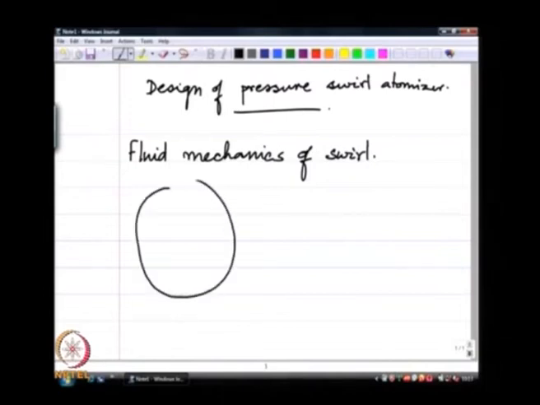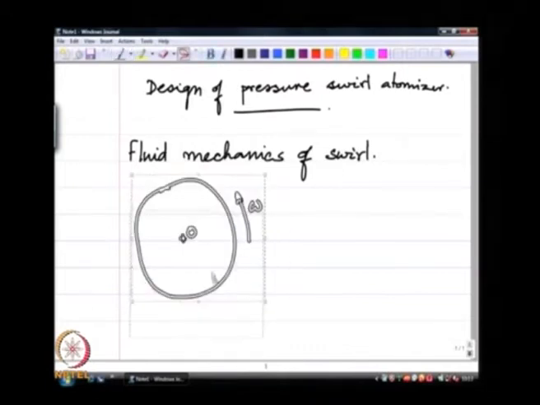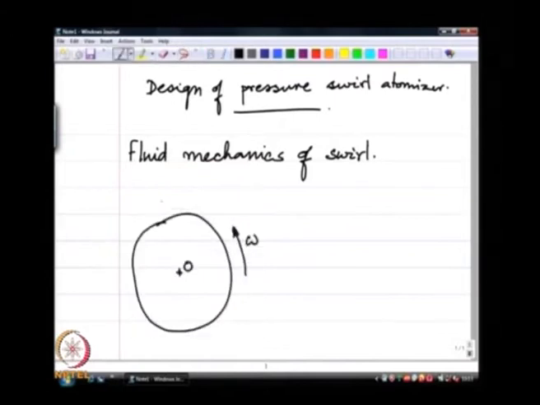So, if I take a container of liquid and spin it at some angular velocity omega about a point O. Okay, so we are only going to look at two dimensional examples to start with, that is sufficient to understand how things work.